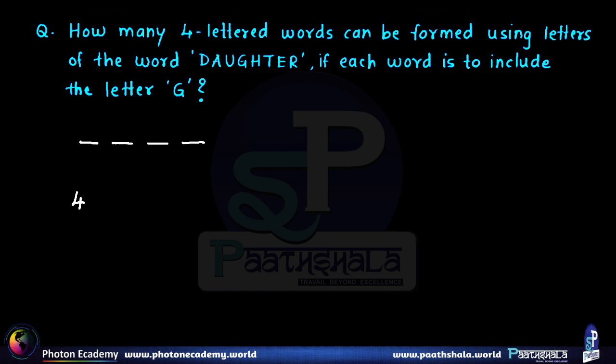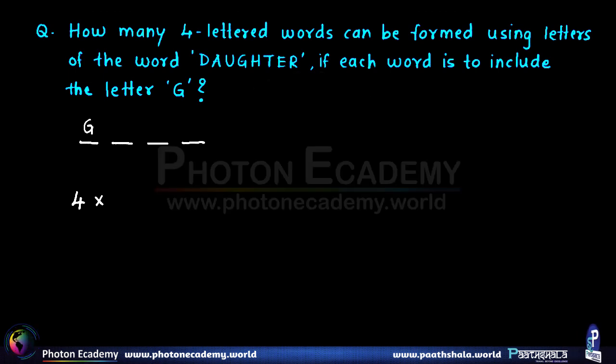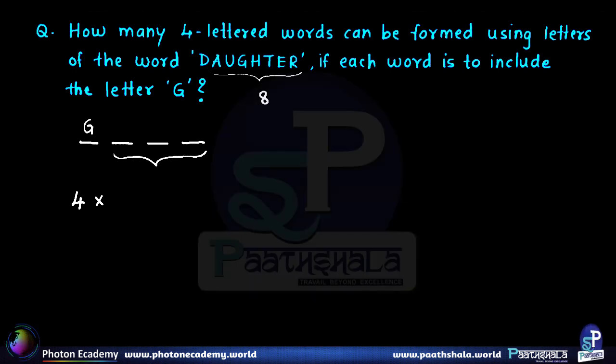Now in each of these ways, let's assume that the letter G occupies the first place, just as an example. Now the remaining 3 places have to be filled with the remaining letters, and if we count the total number of letters in the word daughter, they are total 8, and one of the letters is G. So these 3 places have to be filled with the remaining 7 letters.